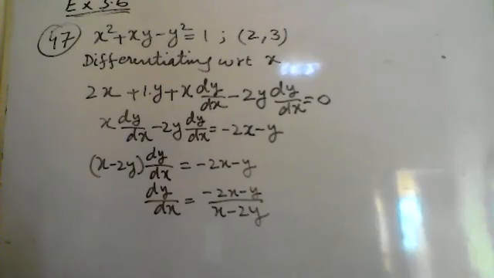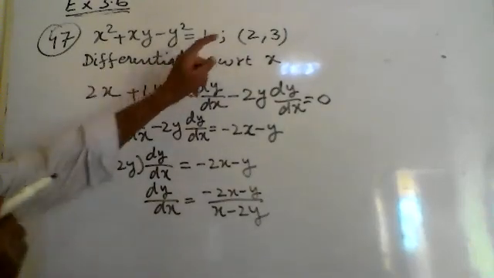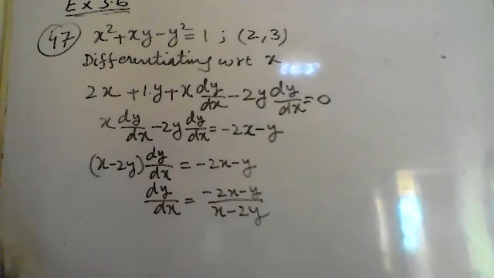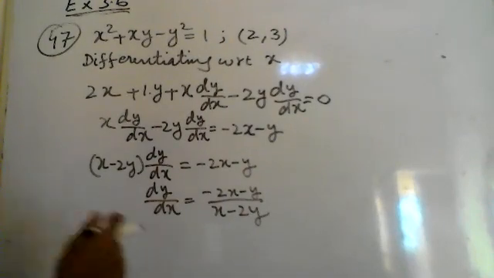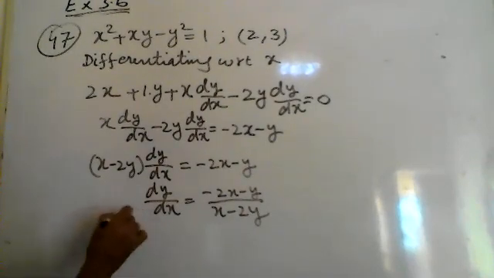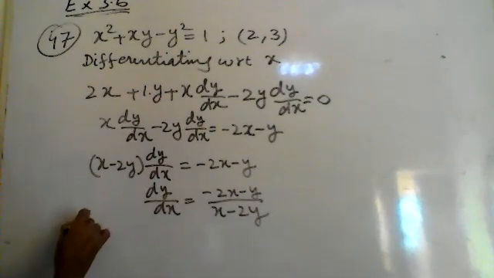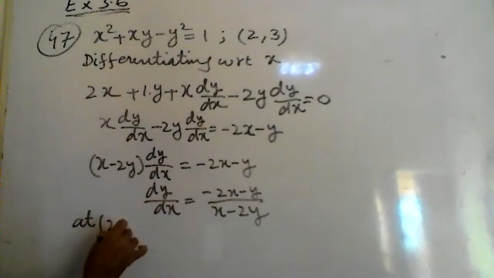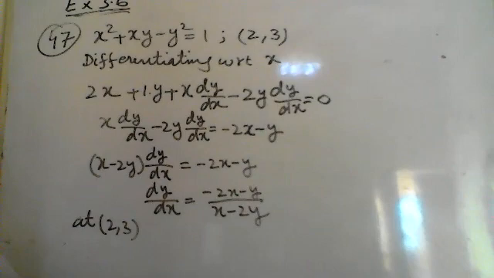Now we will find slope at this point. At different points, slope will be different. So m at this point, at 2, 3.